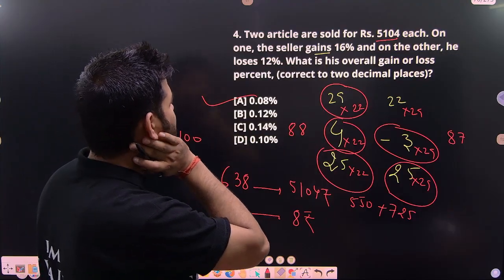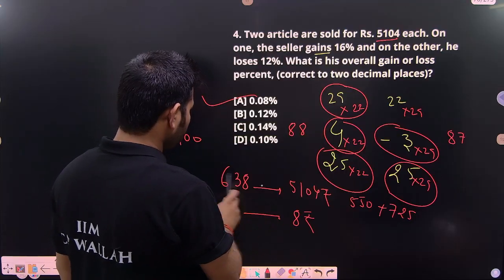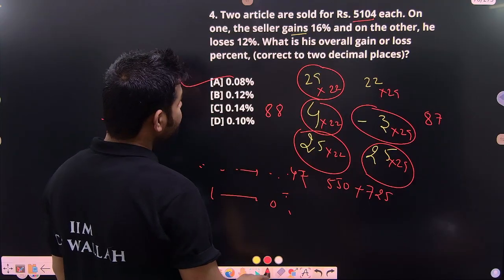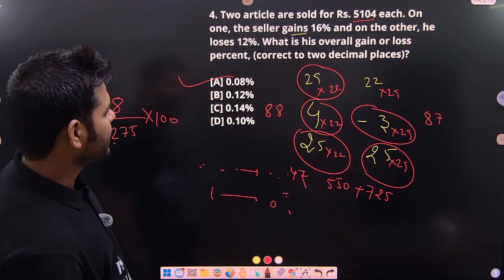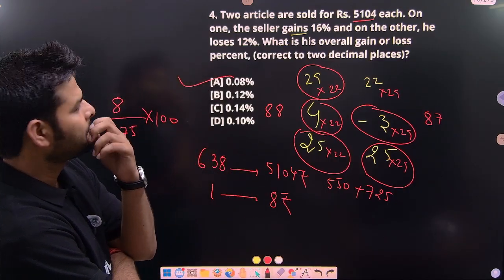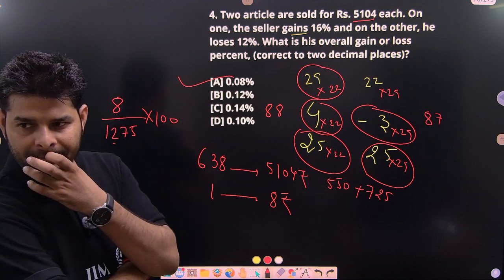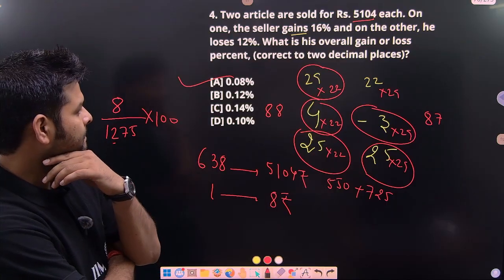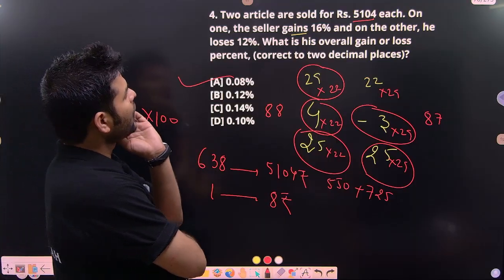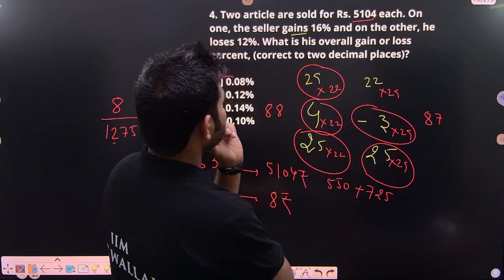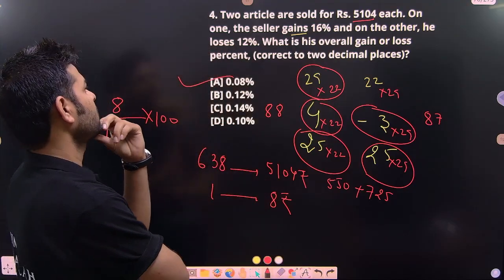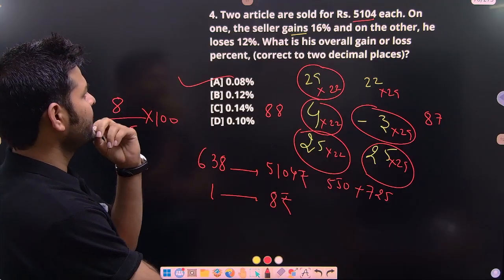Two articles are sold. Basically, we can apply one more formula. We have generated a formula for this, but that formula cannot be applied here. Two articles are sold for rupees 5104. On one, the seller gained 16%.